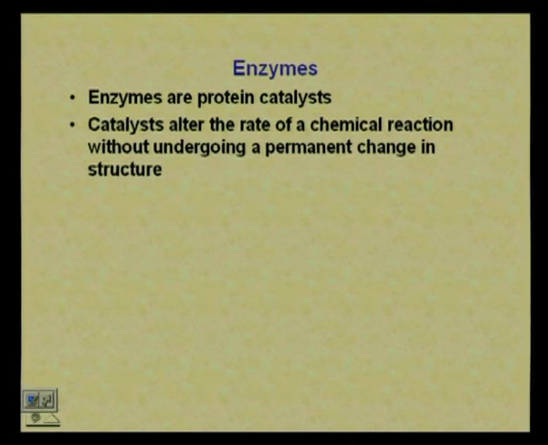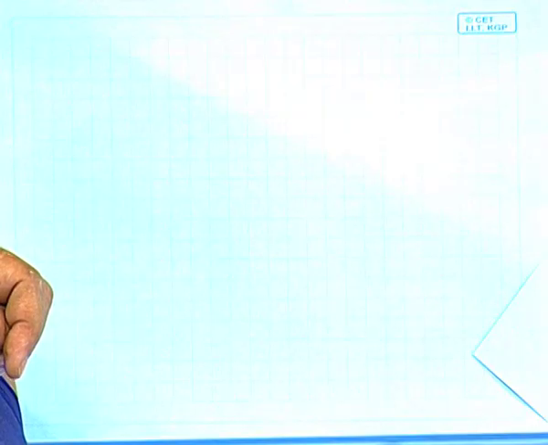They alter the rate of a chemical reaction without undergoing a permanent change in structure. So, this is exactly what the protein is going to do also. We will see how it exactly does that. It is going to change the rate of the chemical reaction, but the protein itself is not going to undergo any change, even though it is going to bring about a drastic change in the reaction.